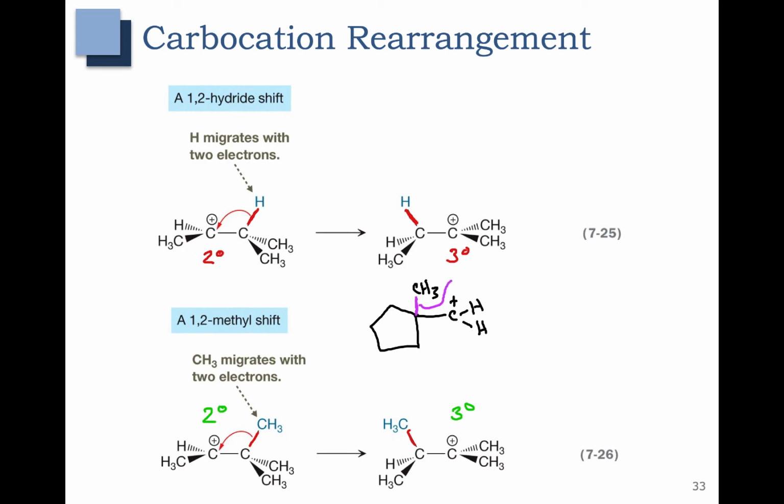That bond is going to move over here to the right. And let's draw out what that gives us. So that pink bond came over here, and that means that the positive charge is now in this left carbon over here. So we went from a primary carbocation to a more stable tertiary carbocation. Again, we're going from a less stable to a more stable system.